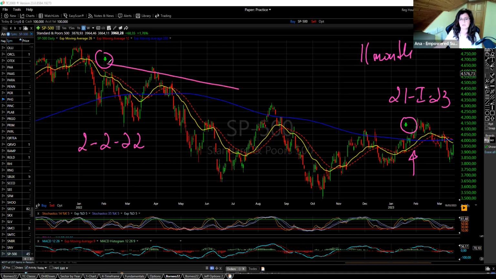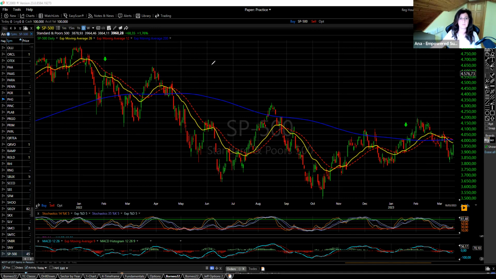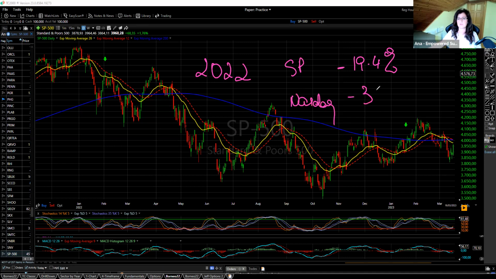So we can see that the market went down during this time frame, big time. During 2022, the S&P 500 went down approximately 20%, and the NASDAQ went down 33%.